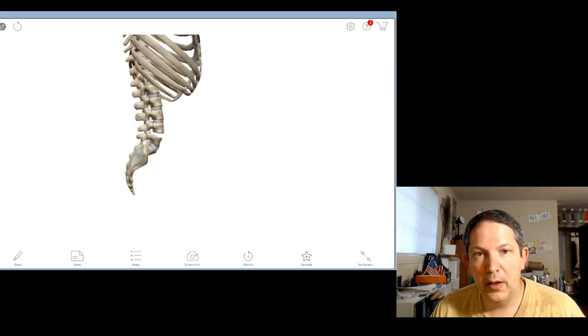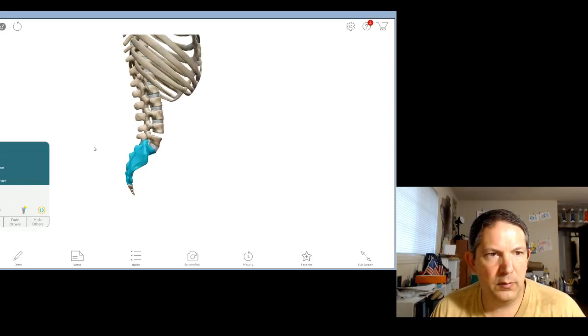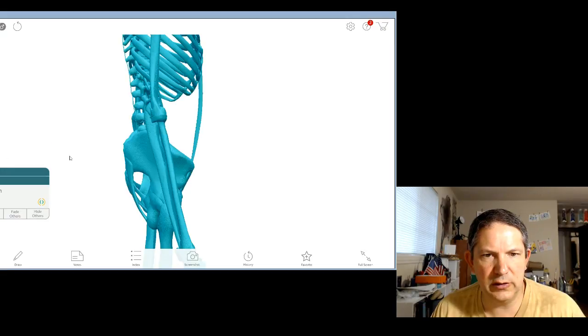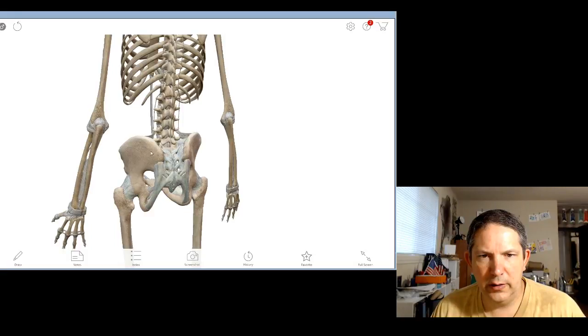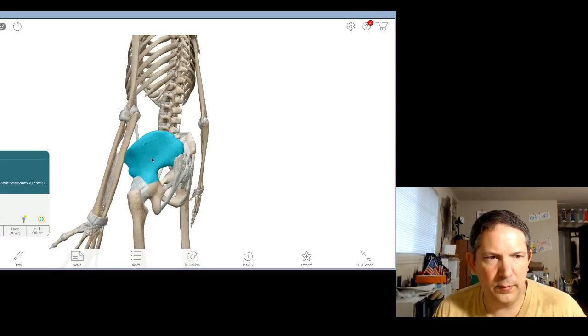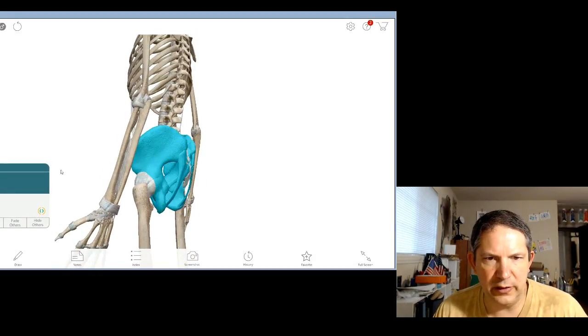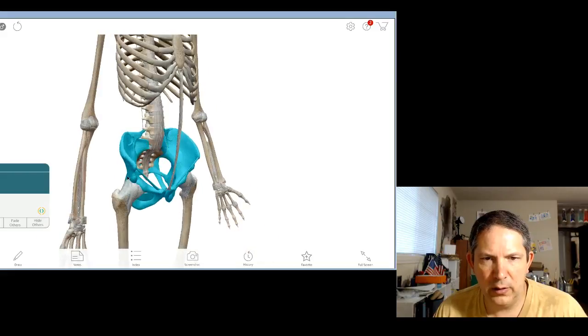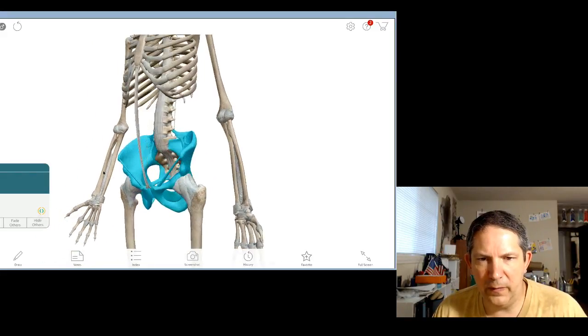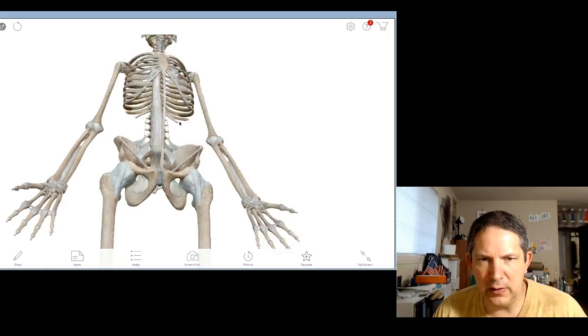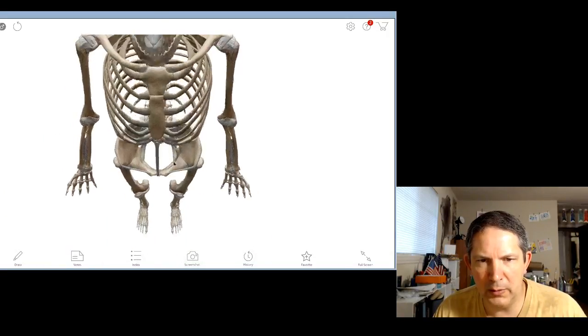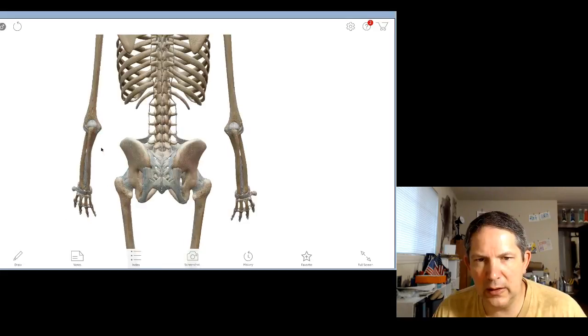Okay, let's put our whole skeletal system back together briefly, and there we see the sacrum attached to the pelvic girdle, all the hip bones, the ilium, the ischium, the pubis, and so forth. That's how it fits together, and there's the space through which the baby needs to pass, except that this is a male skeleton, so no babies going through there. Okay, that's it, I think.